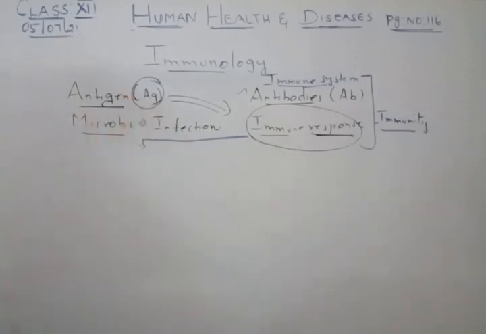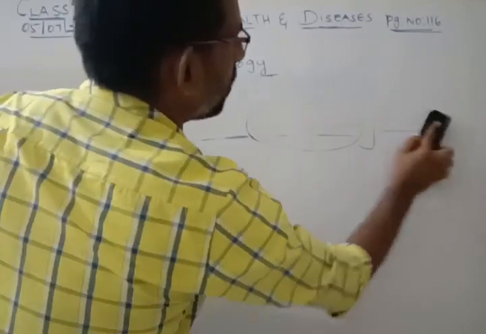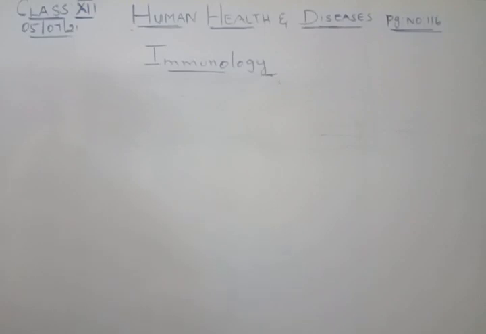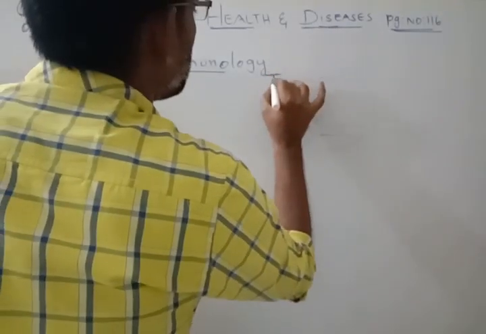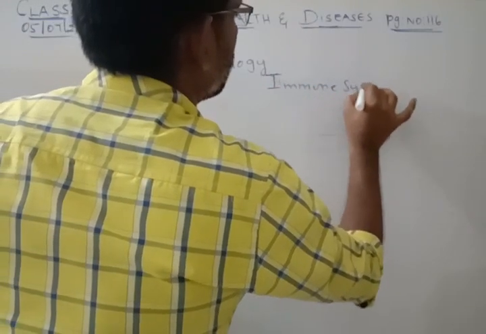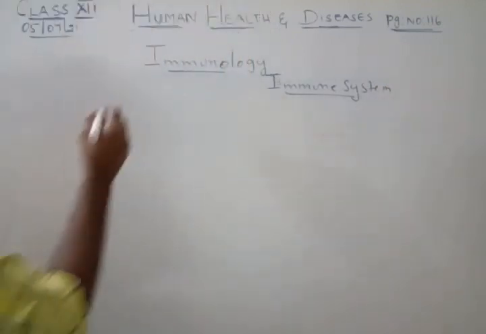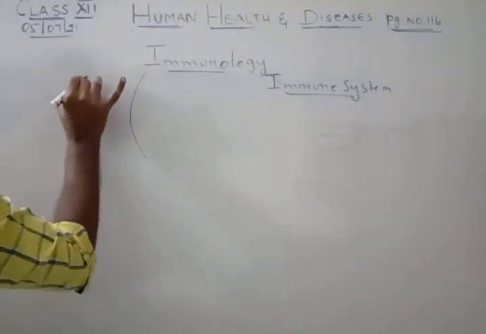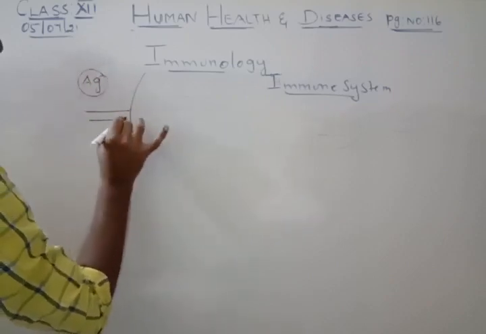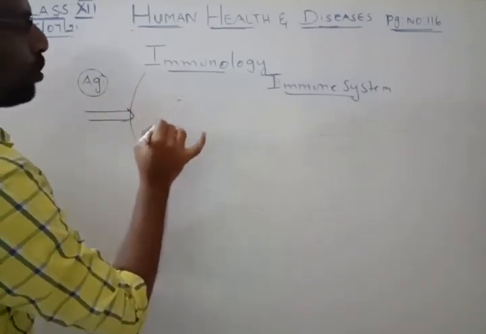Now I just come back to this part once again. We are talking about immunology. Immunology means we are going to discuss our body's immune system. What is happening in our immune system? If this is our body, the antigen is entering inside. After the antigen has entered inside, this is your immune system.